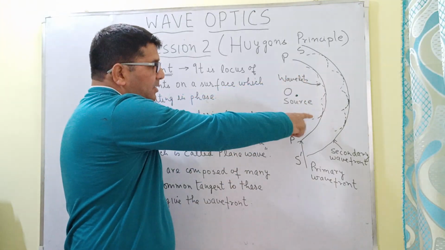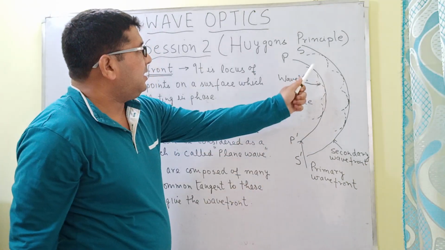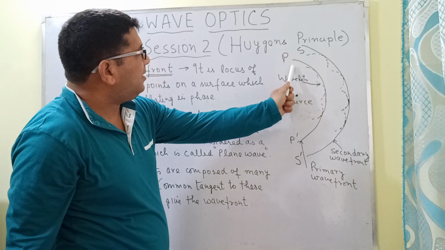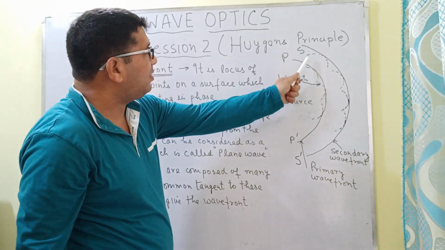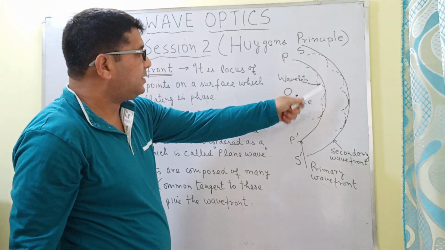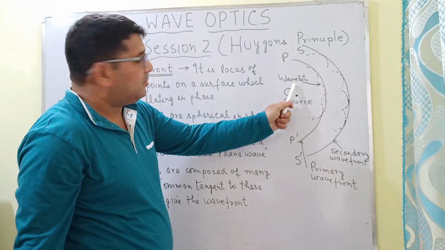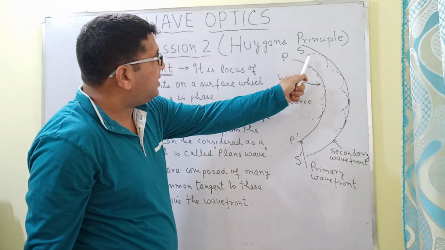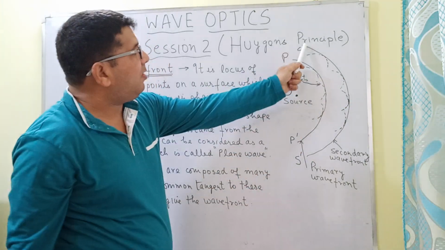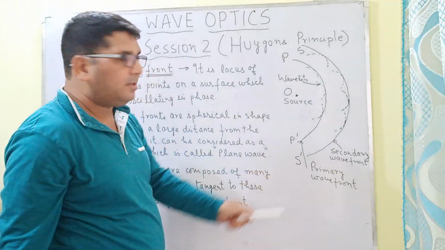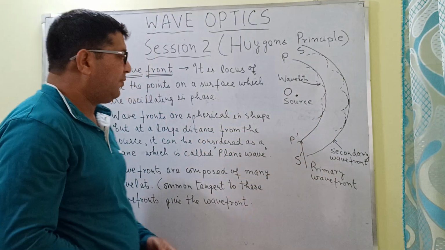When the primary wavefront is generated, each and every point on it acts as the source for the secondary wavefront, and each point generates these wavelets. When we draw a common tangent, we get a second wavefront, which is called the secondary wavefront.